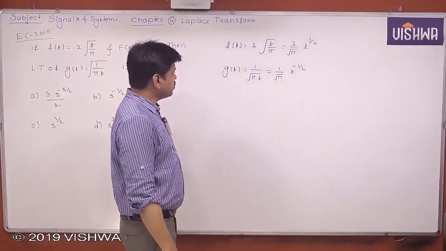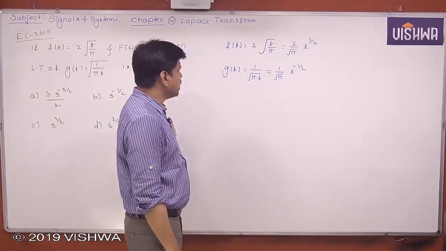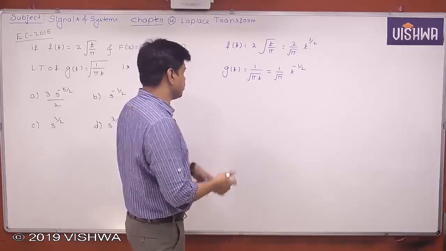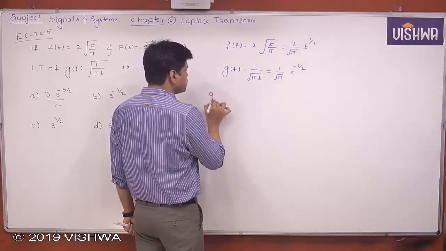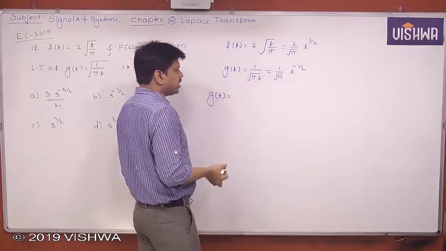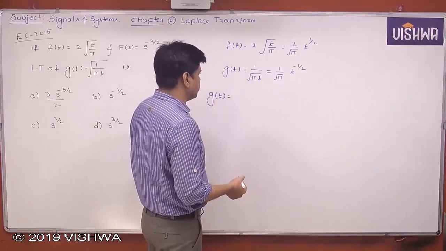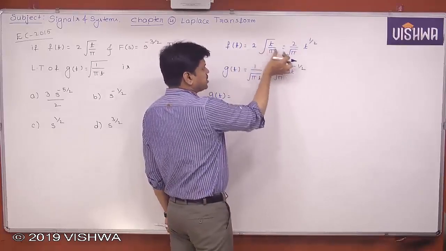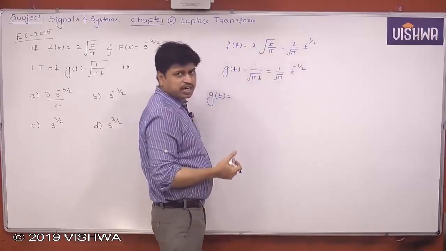So if you observe carefully, what is the relation between g of t and f of t? That means how we can write g of t in terms of f of t. If I could write like that, then we can calculate what is g of s directly. Okay, see here. If I differentiate this f of t, can I get g of t or not? Definitely.